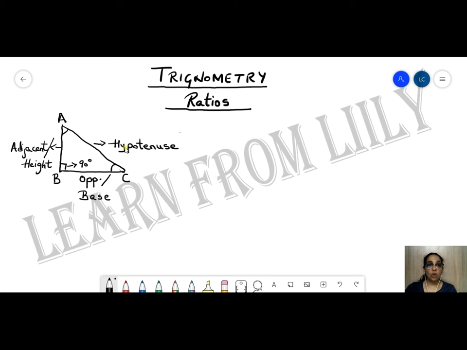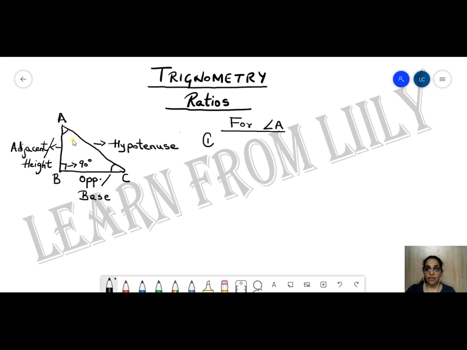Okay. So how will I develop a relationship between these various sides and the angle? And just now I am only talking about angle A. Okay. So basically, now let's start determining our ratios for angle A of our triangle. Okay.